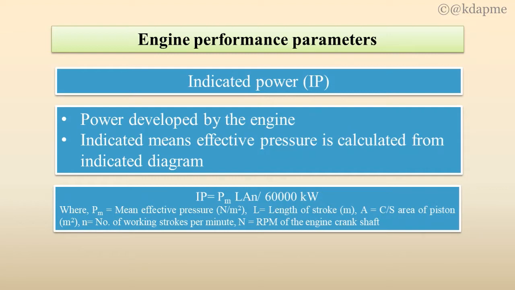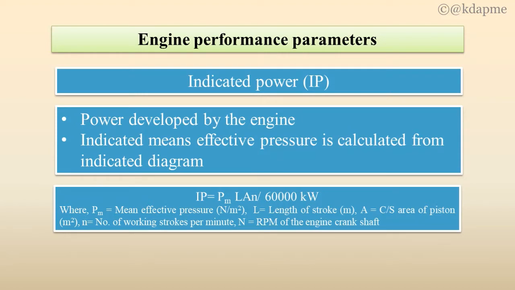meter square. Here L is the length of stroke in meters, A is the cross-section area of the piston in meter square, and N is the number of working strokes per minute.